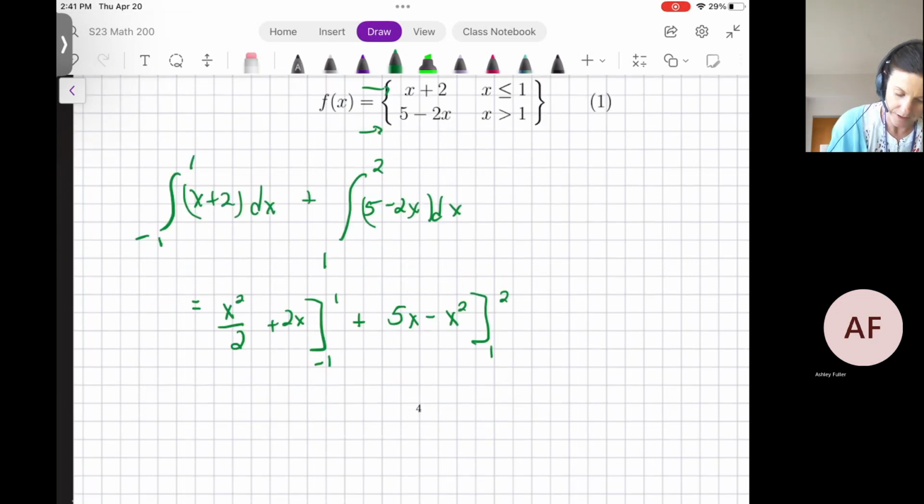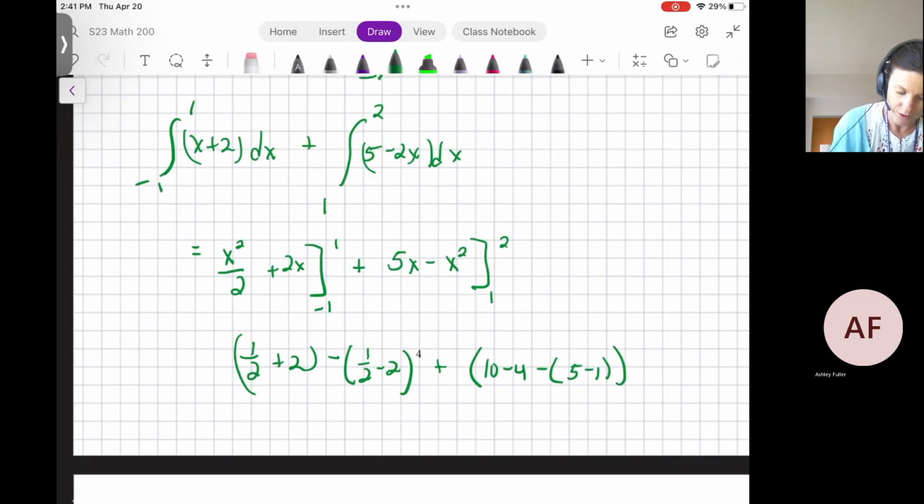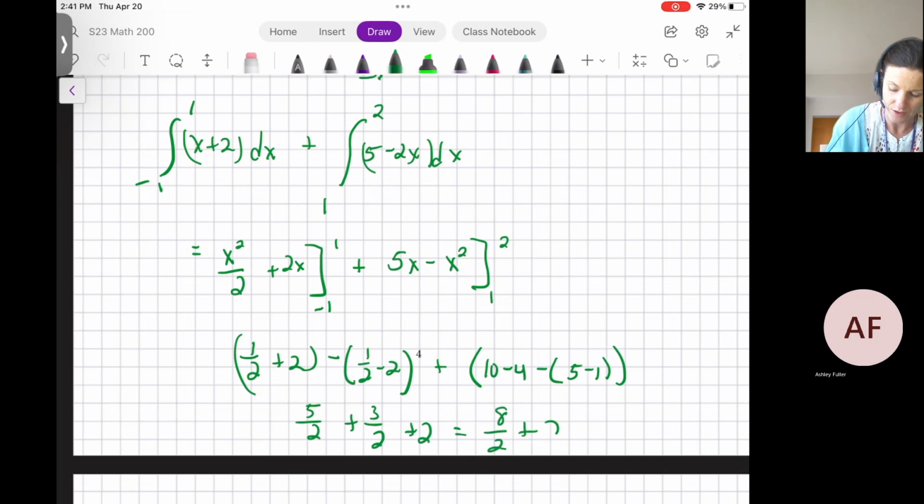Performing those pieces separately, we end up with 1/2 plus 2 minus 1/2 minus 2 for our first integral, plus 10 minus 4 minus 5 minus 1, which results in 5/2 plus 3/2 plus 2, or 8/2 plus 2 gives us 6 for the area under that piecewise function.